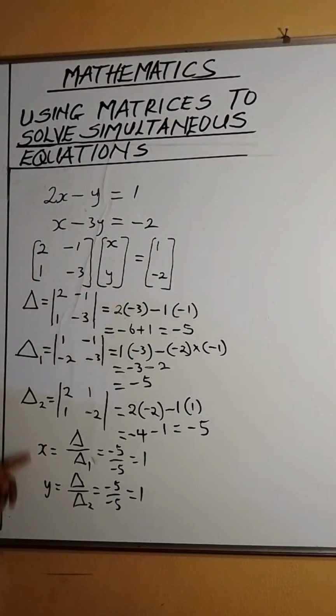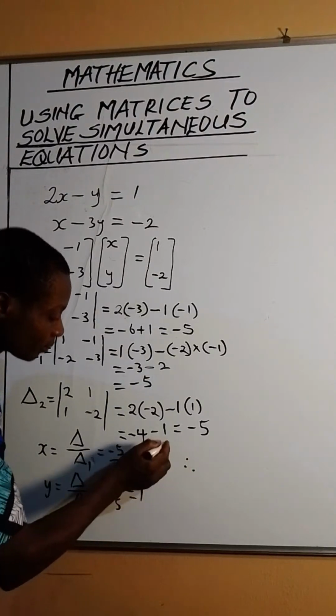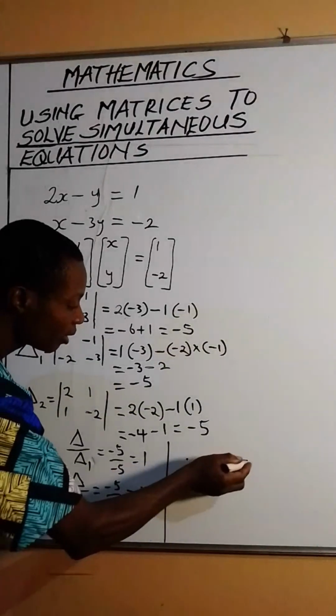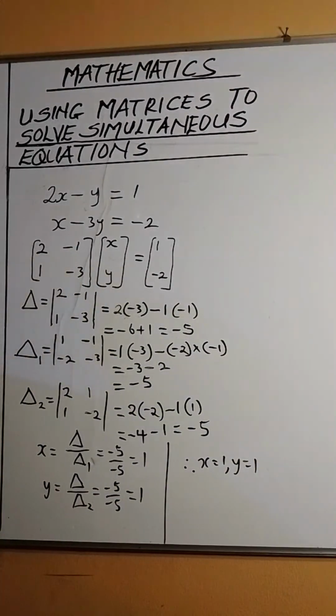So it means that our x is 1 and our y is equal to 1. So we can therefore write that x equals 1 and y equals 1. This is the matrix method of solving simultaneous equations. If you do not want to go through the usual method, you can use this method. It is quite easy. Just replace it.